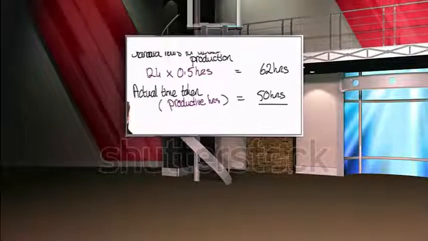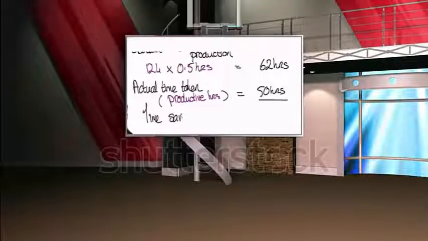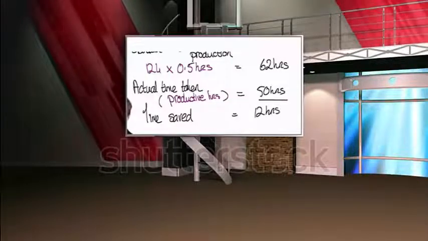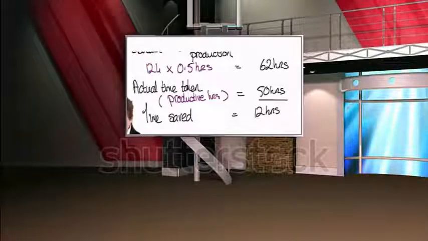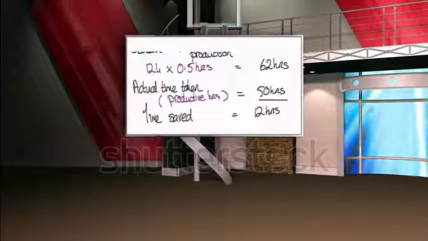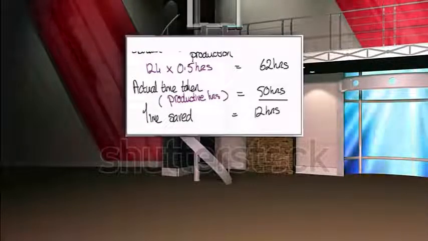So the time saved is just the difference between the two of 12 hours. Once we've done that, it's just straightforward. We were told in the question, for 50% of the time saved, she'll be paid her basic rate.